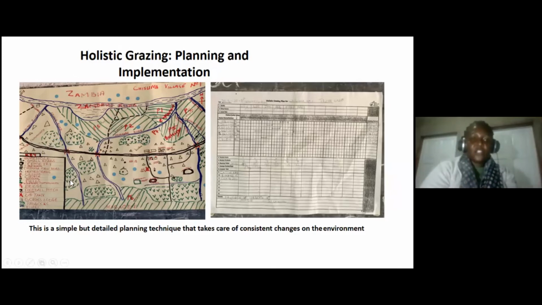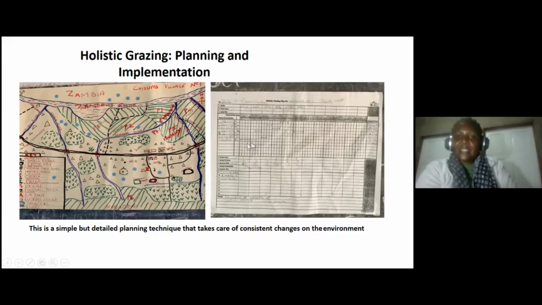So now you're showing these are croplands, and then these are homesteads, and these are all the designated paddocks, so to speak. But even croplands are also paddocks when we are not cropping. So all the land is used in planning and in sync with what the communities have come up with.